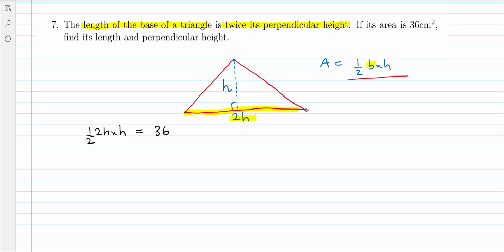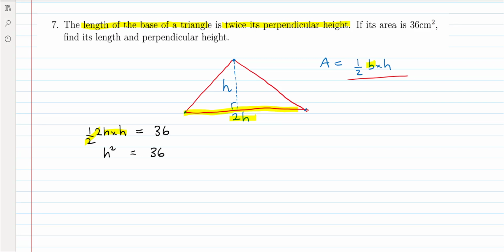Now we can simplify this a bit. Half times 2 is just 1, and h times h is h squared, so we get h squared is equal to 36. Remember, in algebra we don't write 1 if we've got a letter, so we don't write 1h squared, we just write h squared.